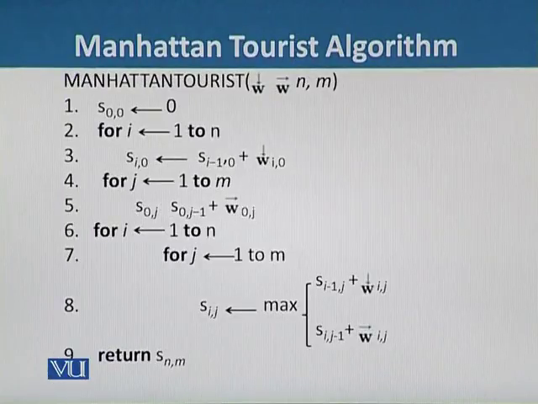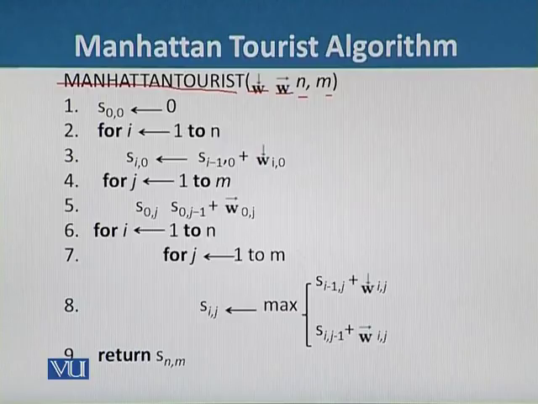So we can see this is the Manhattan tourist algorithm, and here we can see the value of W, which is a two-dimensional array, and this is from north to south, and this is the path that goes from west to east, and we have the values n and m, that is, we have calculated the weights that are present in the path.